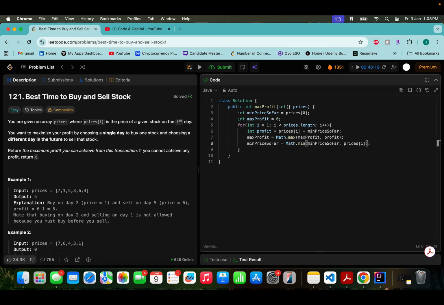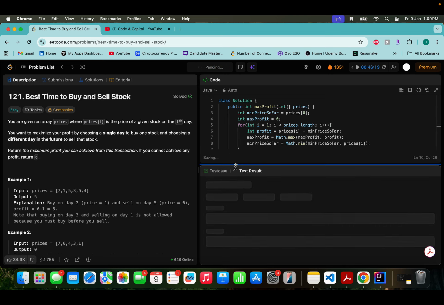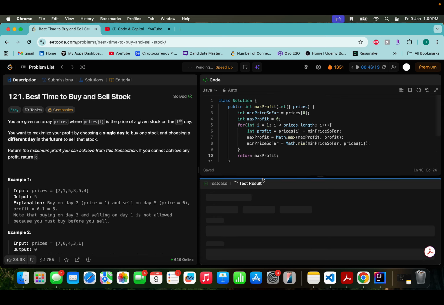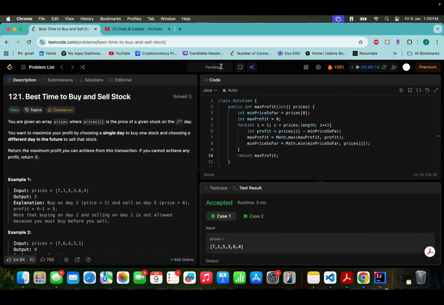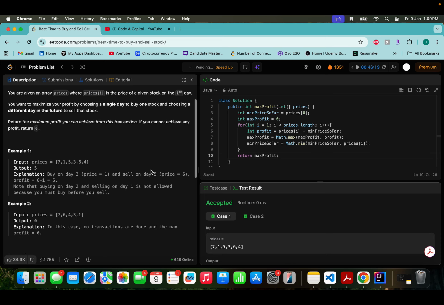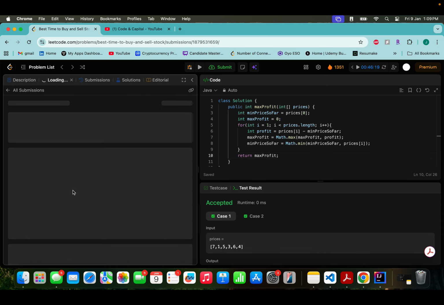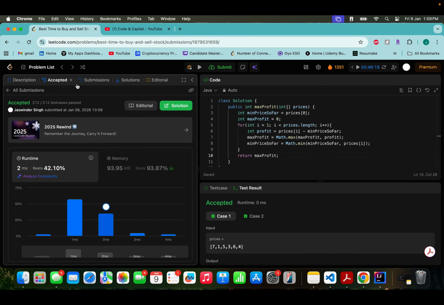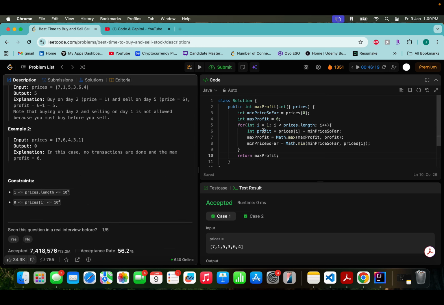Okay. So now I can just return the max profit and it should work if there are no issues. Let me just check. Okay. I'll just try to submit and see if it passes. Yeah, it works. So this is the solution for this one.